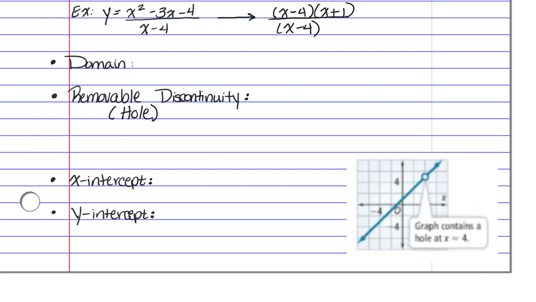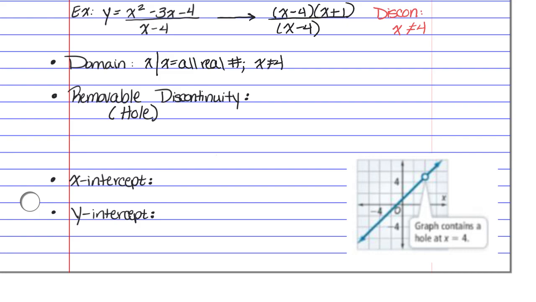And I start off always knowing that my discontinuity occurs when my denominator is equal to 0. So I know that I cannot have a value of 4 in my domain. So my domain is all real numbers, except that x cannot equal 4.